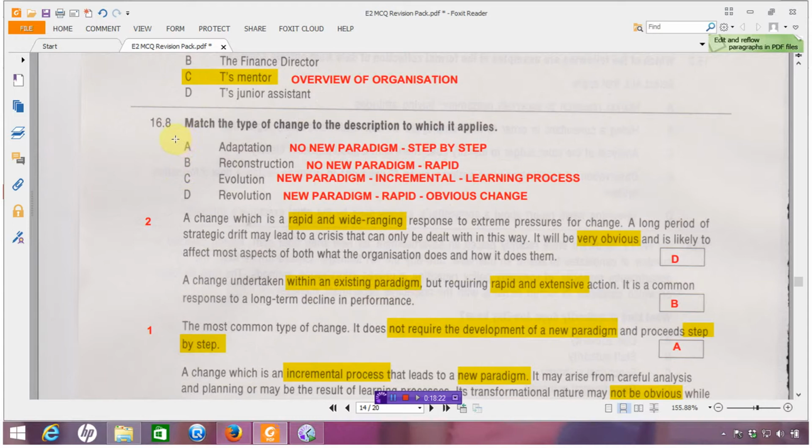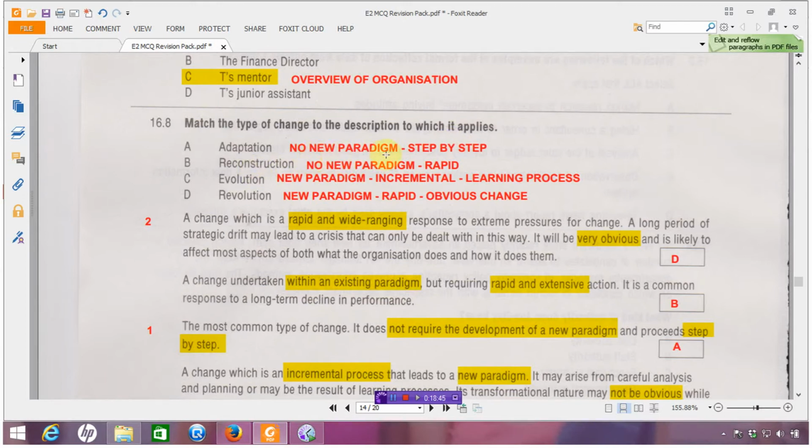In this area of types of change, I've just given you a quick spin through what these words mean. Adaptation: no new paradigm. What do we mean by paradigm? Well, really a state or situation. So we're saying that no new state occurs; it's an incremental, step-by-step process.